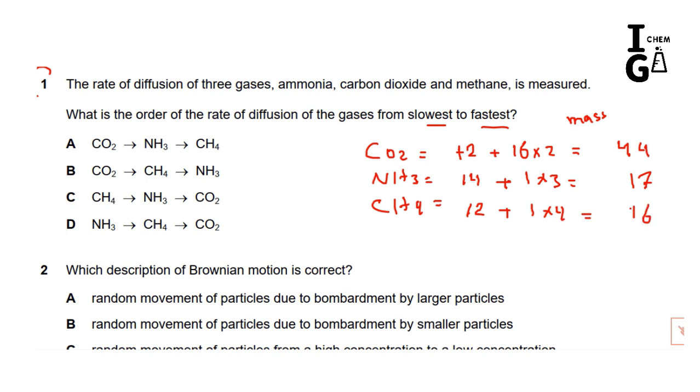So I think it's clear now the heaviest one is carbon dioxide, so carbon dioxide should be number 1 in this order, then ammonia at 17 should be number 2, and finally methane should be number 3. So the correct answer is A, because carbon dioxide is the heaviest, then ammonia, then CH4.